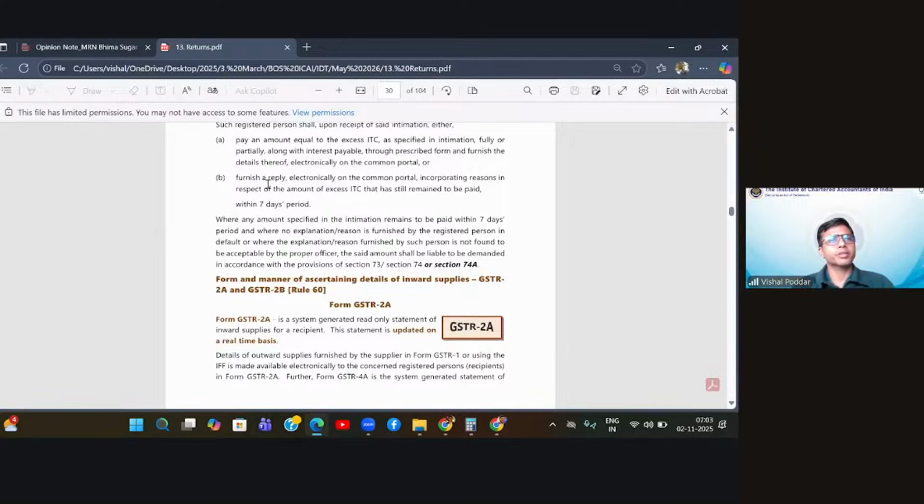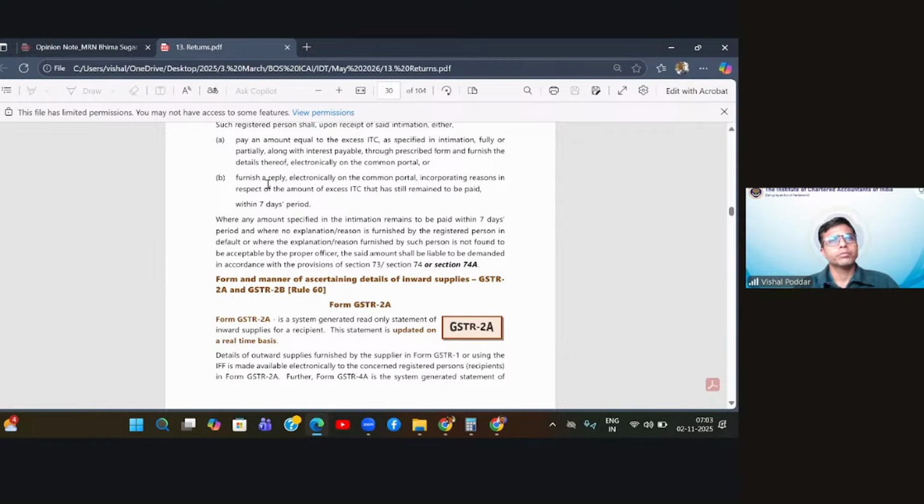So until 3 years, till your supplier is able to file his GSTR 1 or amend his GSTR 1, which is up to the next year's 30th November, your particular month's 2A may keep on changing with the details of new inward supplies being added or present supplies being modified.